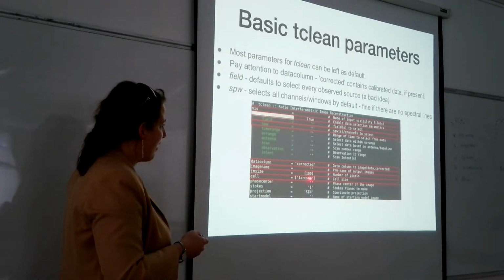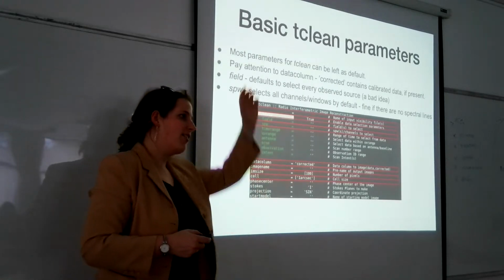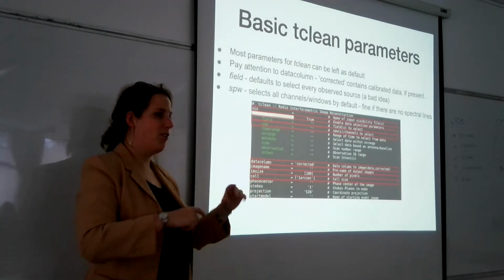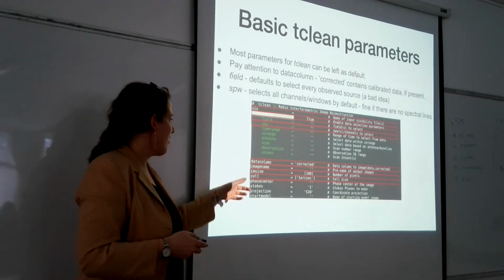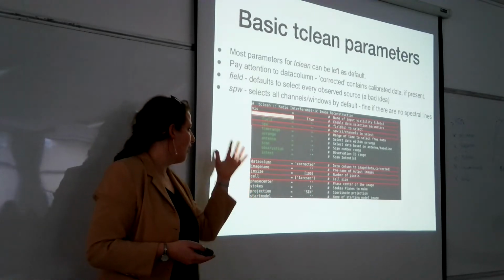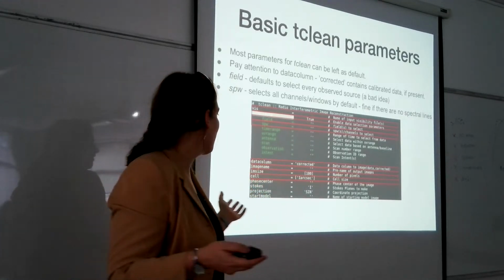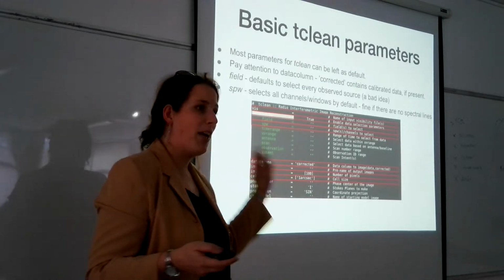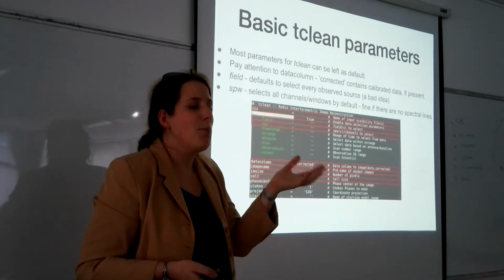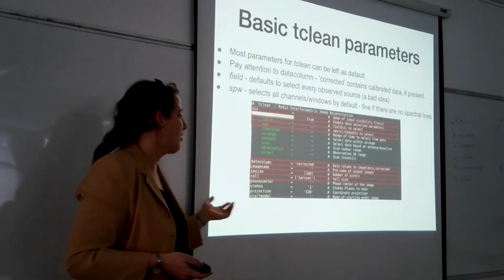Then imsize and cell: the default values are not really appropriate for particular things. imsize is the number of pixels in your final image, and cell is the pixel size. So if you have a complementary disk image with, let's say, a resolution of 0.2 arcseconds, you want to set your pixel size to 20% of that, so 0.04 arcseconds.